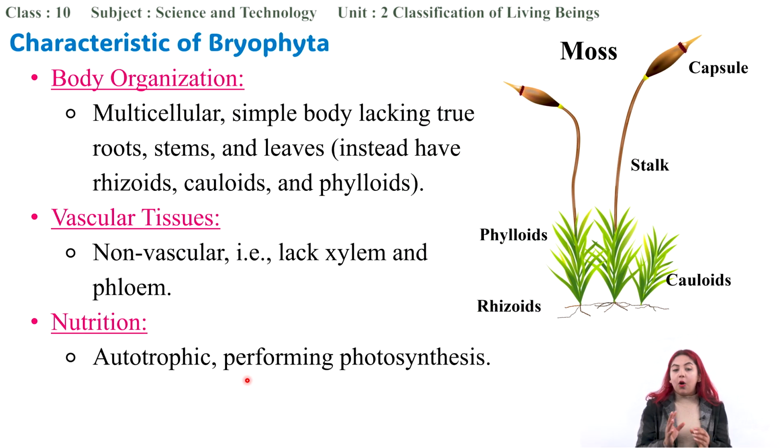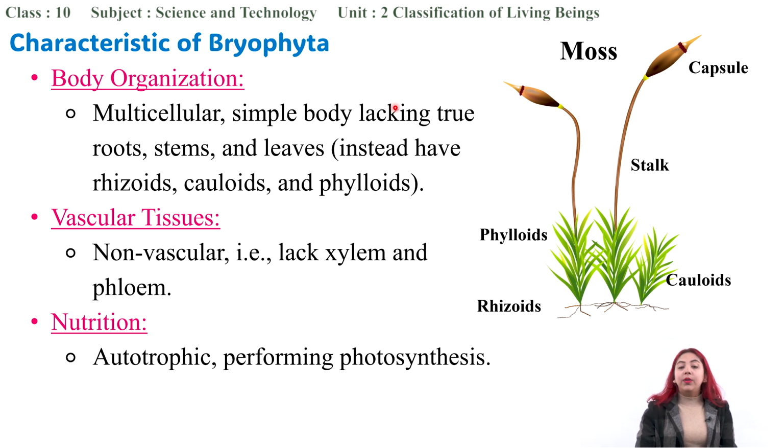Let us study the body organization of the plants that lie in the division Bryophyta. They are multicellular. We have already studied in the previous class that most of the organisms in the plant kingdom are multicellular.